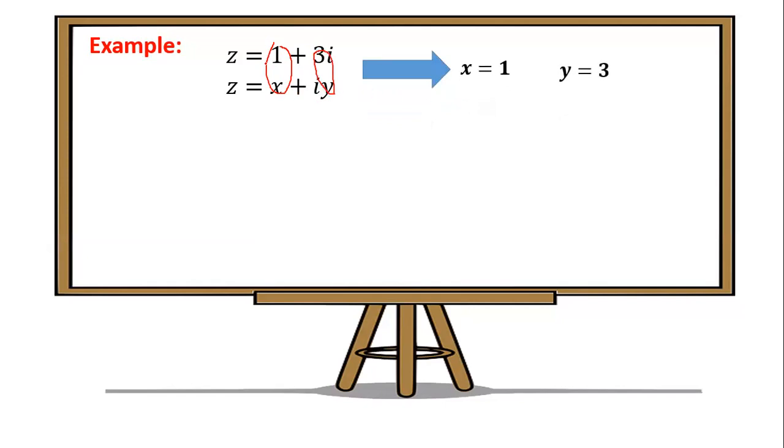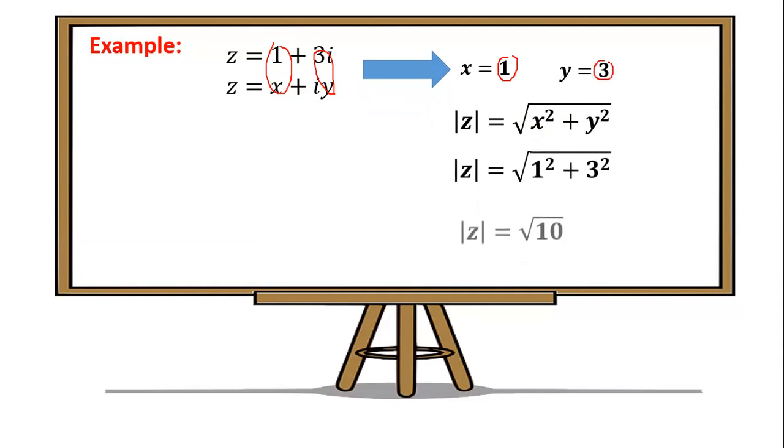And now we have to calculate the modulus of the complex number z. Simply, I'm going to apply the following formula: radical x squared plus y squared. Replace x by 1 and y by 3. We get that the modulus of the complex number z is equal to radical 10.